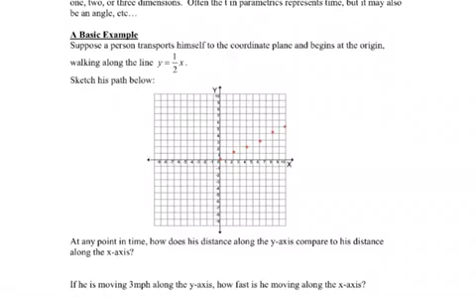And if we were going backwards, at -2, he'd be at -1, at -4, -2, -6, -3, -8, -4, and -10, -5. So that's what his path would look like, roughly. At any point in time, how does his distance along the y-axis compare to his distance along the x-axis?